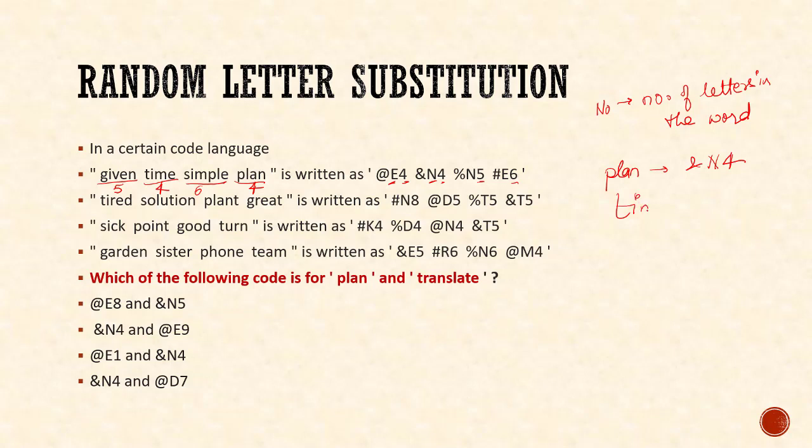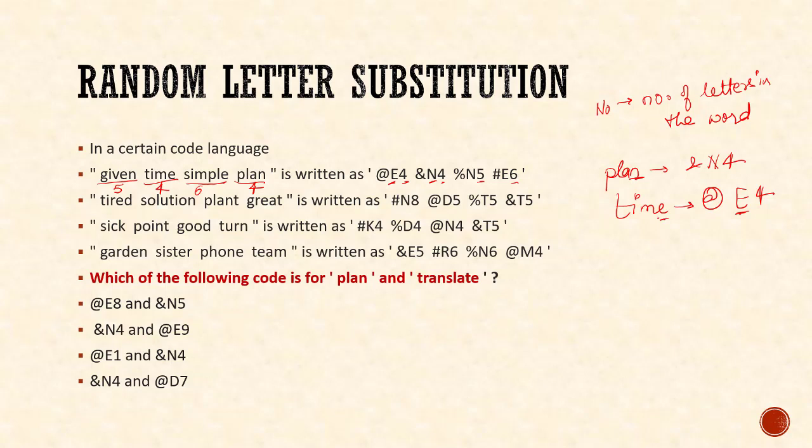For time, it should be @E4. 4 because both are 4-letter words. N because N is the last alphabet in the word plan. Same goes with E. E is the last alphabet in the word time.